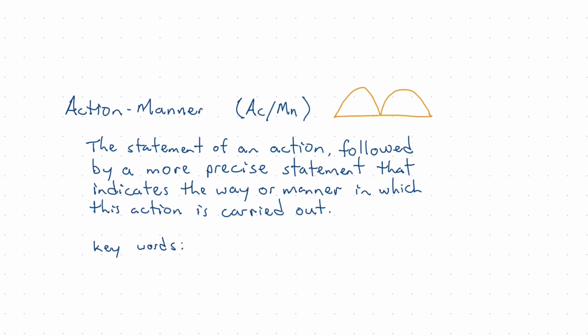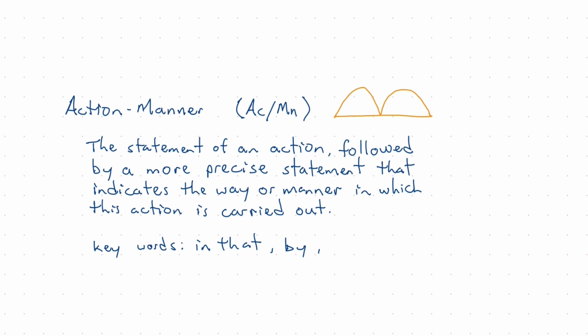The key words that you will see for action and manner are words like in that, by, or other words. Sometimes according to is a word that you will see used. Most common are in that and by.